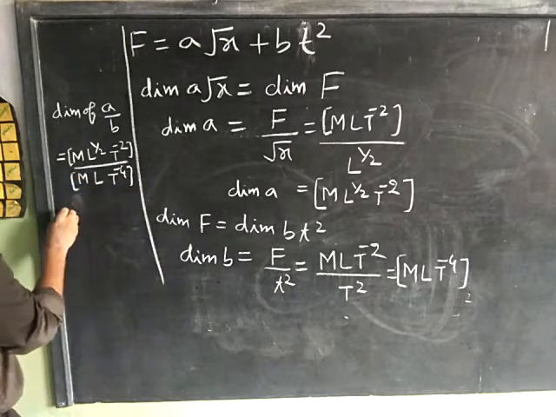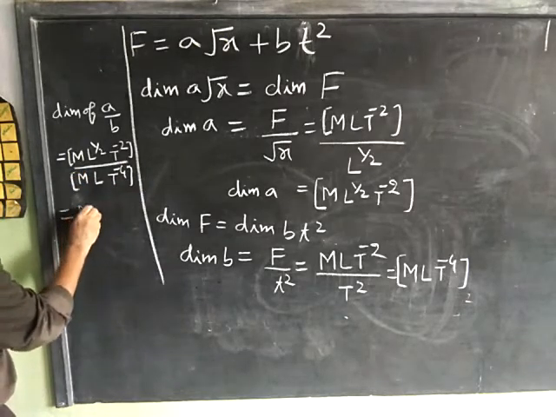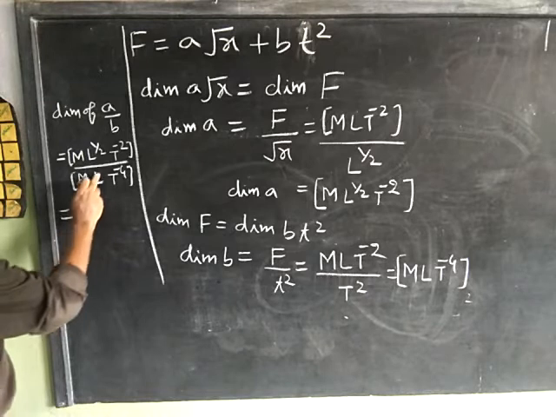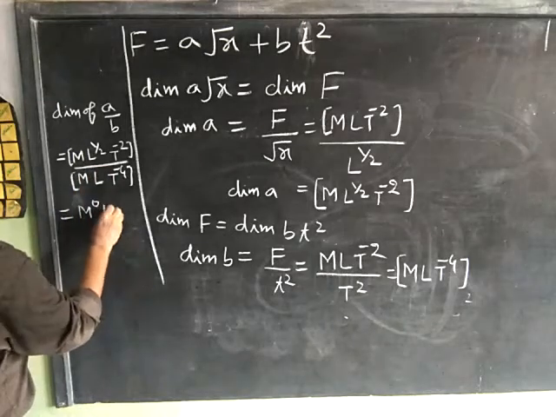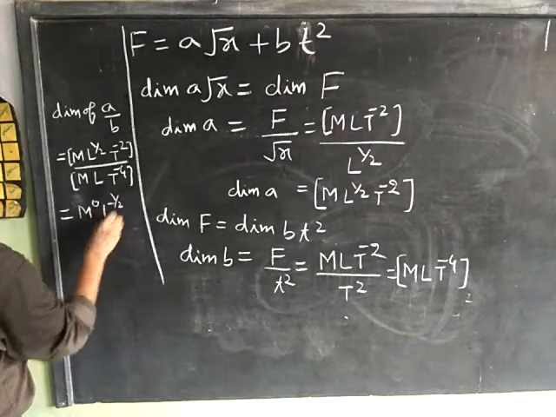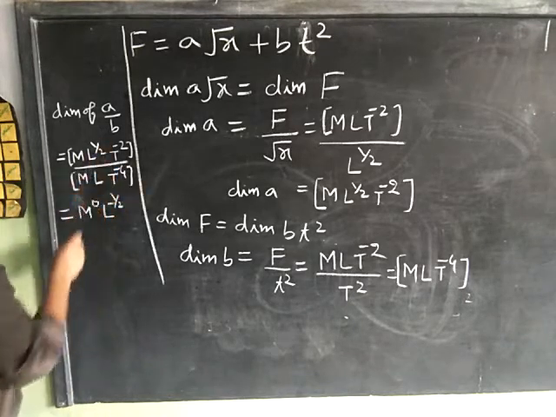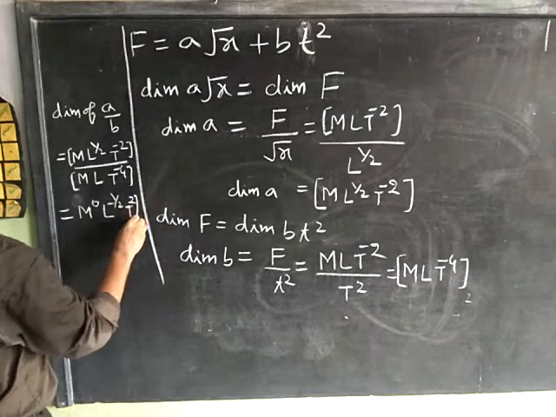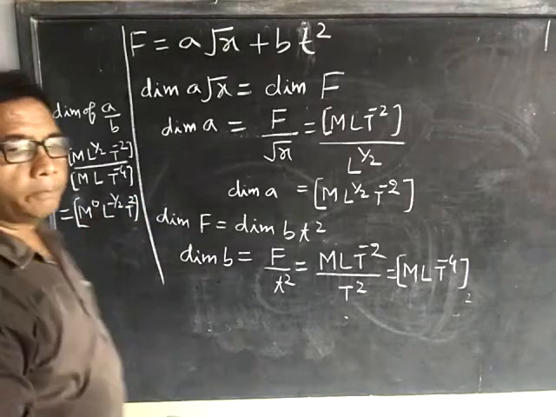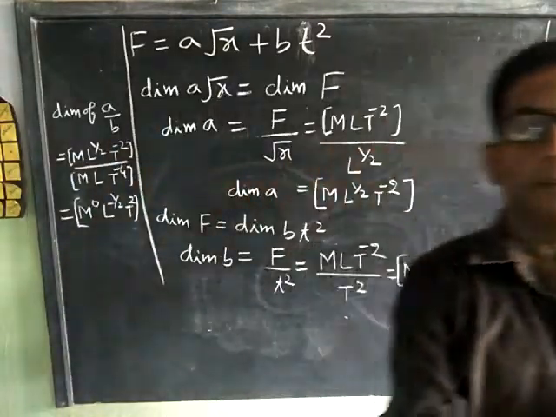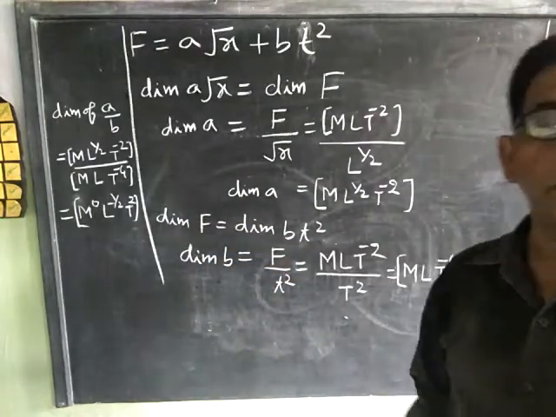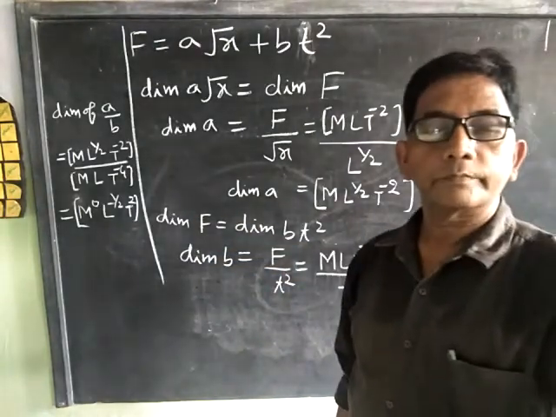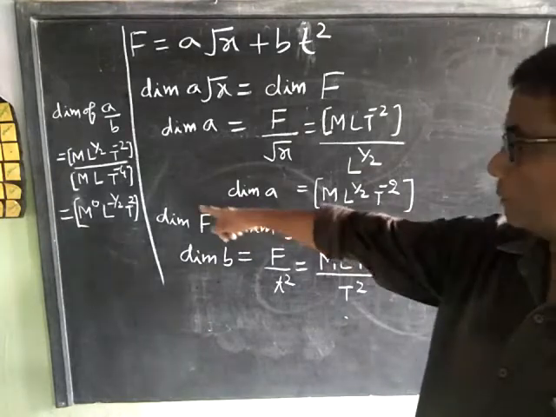When we solve this, we get M power 0, L power minus 1 by 2 and T power 2.